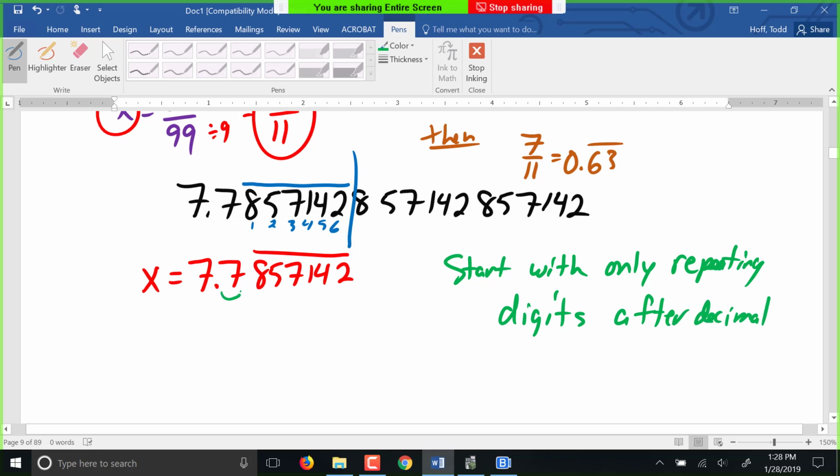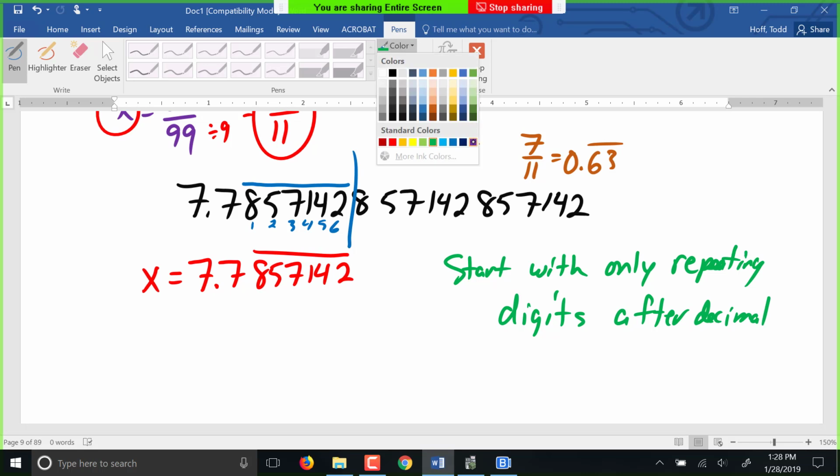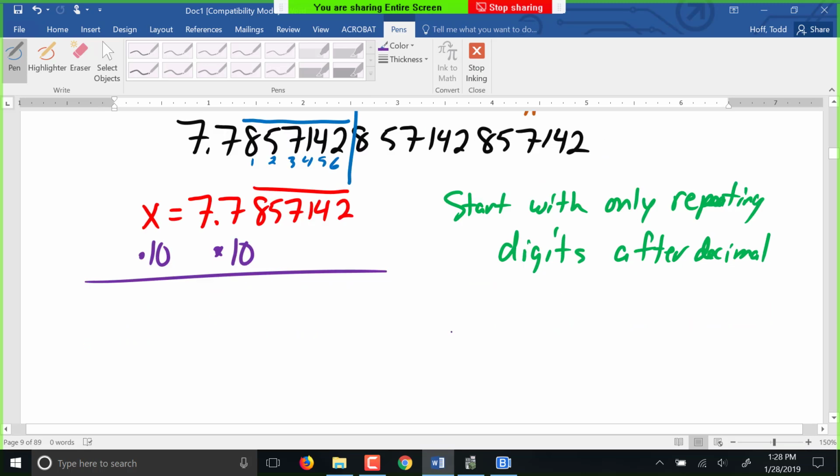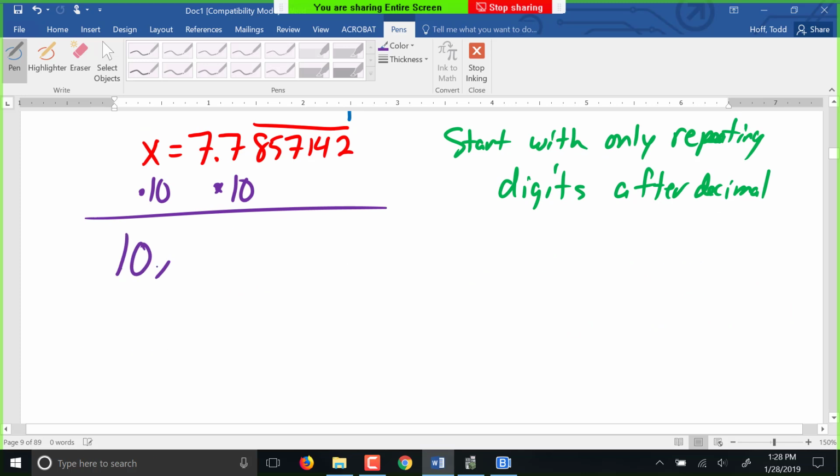So to do that, I've got to move that decimal point over 1 spot. To do that, I have to multiply by 10. I have 10x equals 77.857142 repeating.